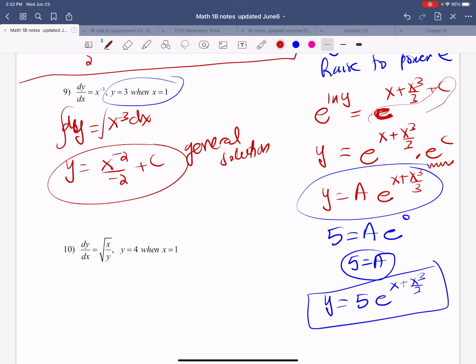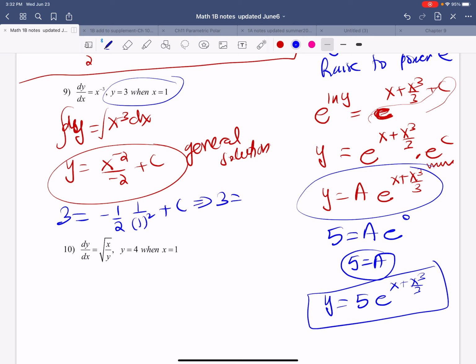And now I can find the particular solution by replacing the x by 1 and y by 3. x is 1, that's going to be negative 1/2, and then 1 over 1 to the power 2 plus c.